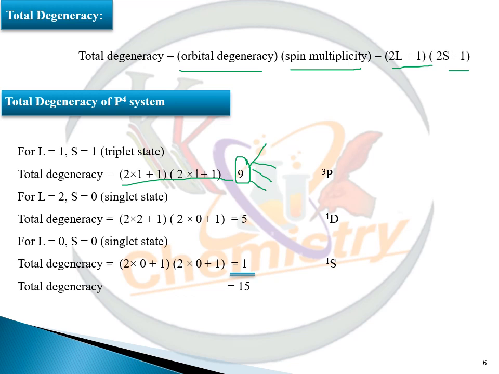Okay, 5 is for D and 1 is for S. So we have a total degeneracy of 15, showing that we have 15 possible ways of arranging these electrons for this particular term symbol.